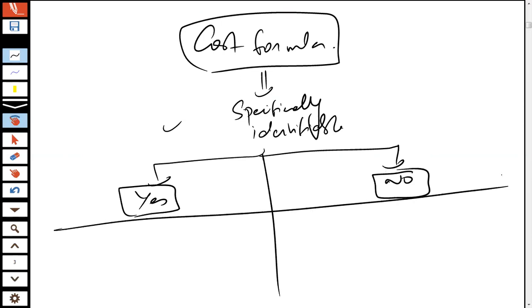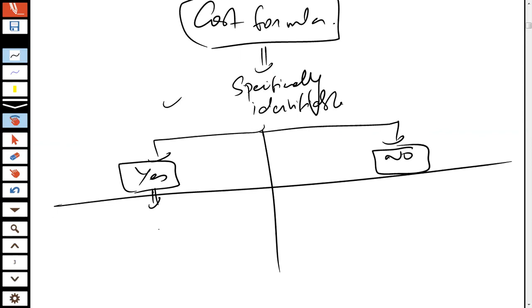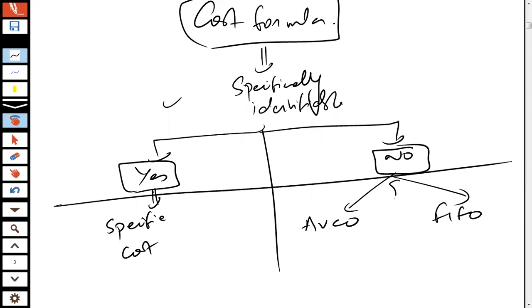When your inventory is specifically identifiable, it is going to be measured at the specific cost. But if your inventory is not specifically identifiable, then you've got a choice. Either you can use the average costing formula or you can use the first in first out formula for the measurement of the inventory.